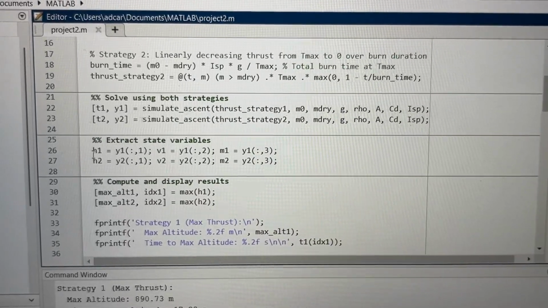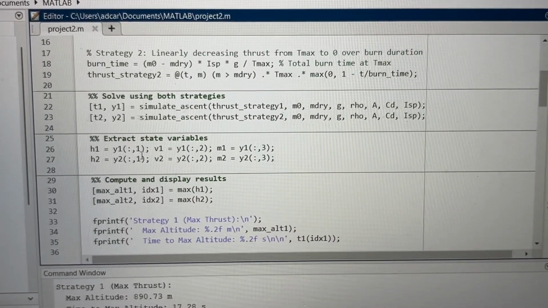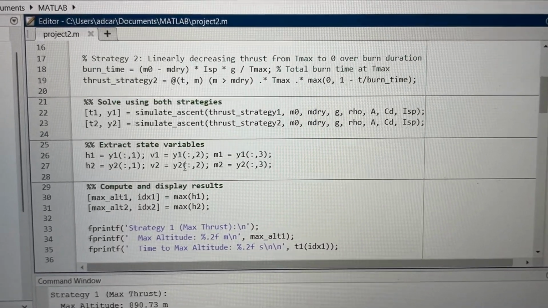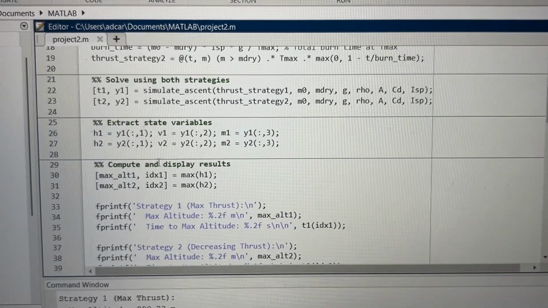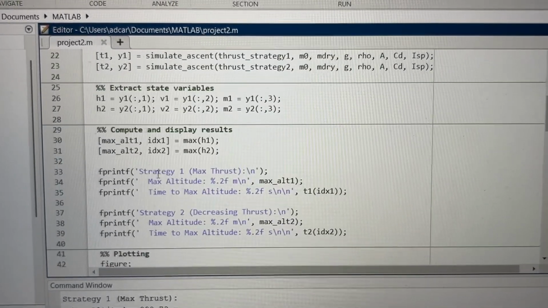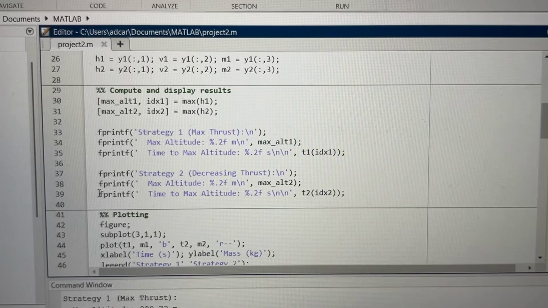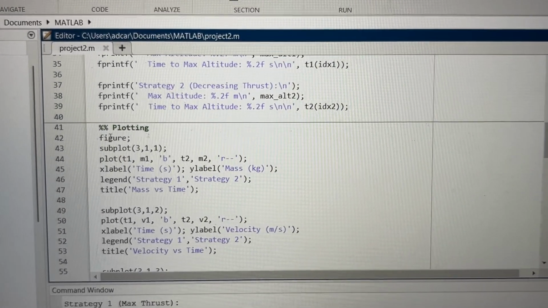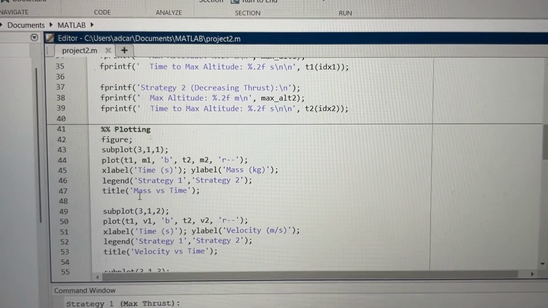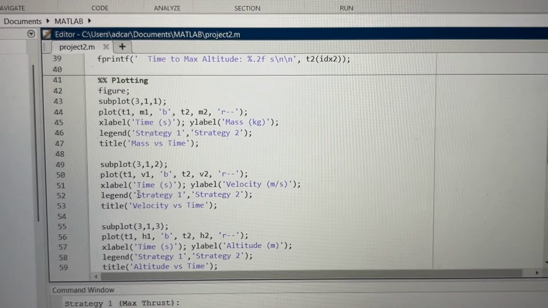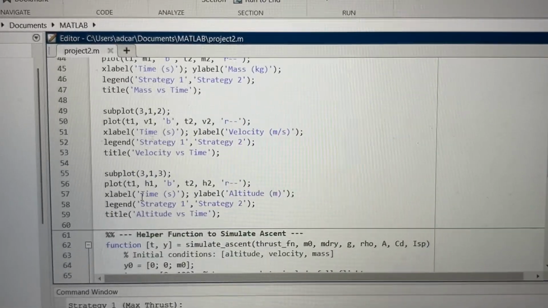I extracted my state variables of height 1, height 2, velocity 1, and mass 1, computed the results here with these functions, and then plotted everything here. I made subplots so it would all plot on the same figure.